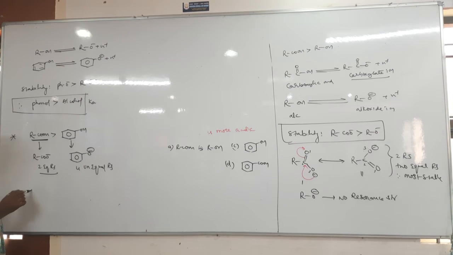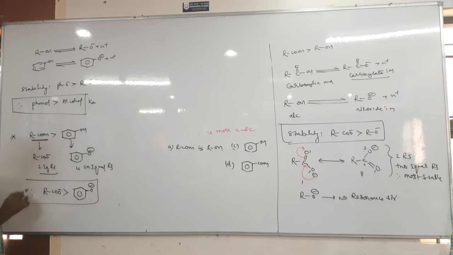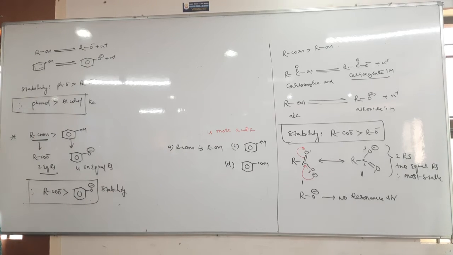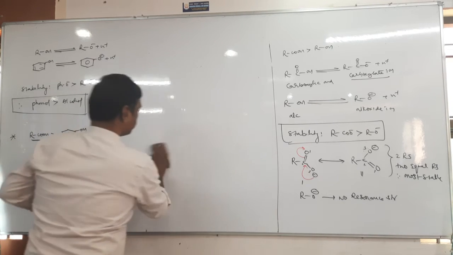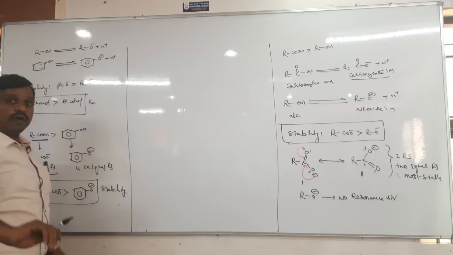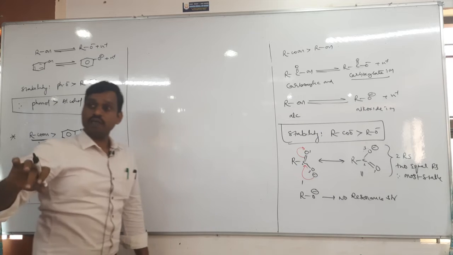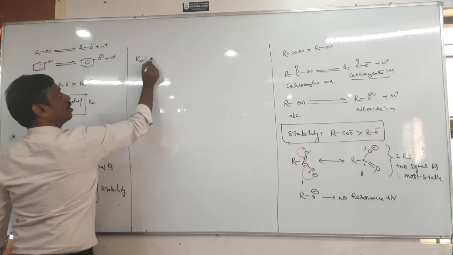Therefore, equal resonance structures are much more stable compared to unequal ones. So the carboxylate ion is more stable compared to phenoxide. That's why carboxylic acid is more acidic than phenol. Then now you can write the order. What is the order of acidic strength among carboxylic acid, alcohol and phenol?